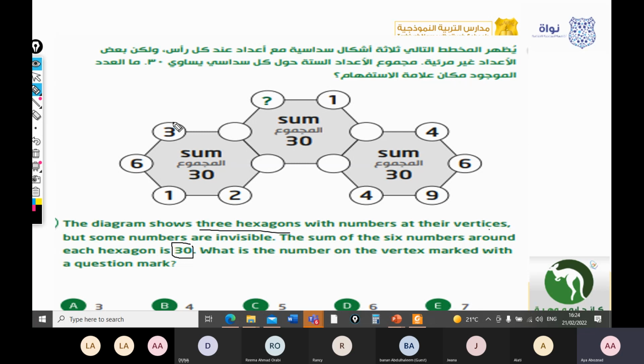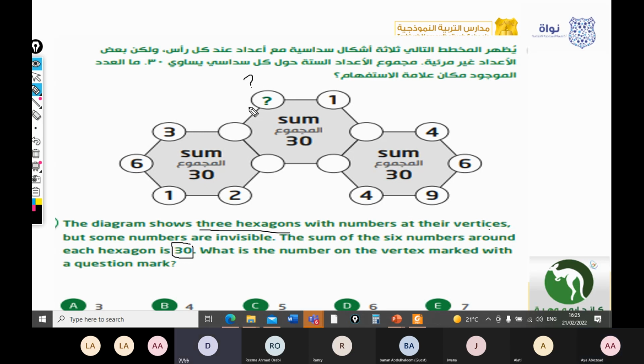So all of this, when I add, must be 30, 30, 30. What will be this number? You have to try. These numbers must be from 1 to 9. So the choices are 3 or 4, 5, 6, 7.